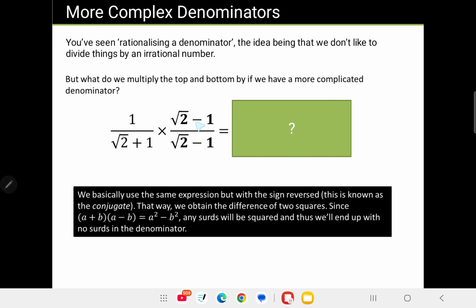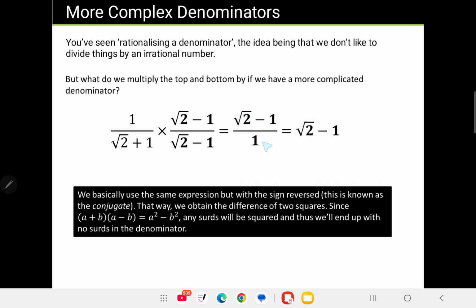So root 2 minus 1 times by this one, so will be this value in the numerator, and over here you can see it is a plus b times a minus b, so you can change this into a square minus b square by using difference of the squares. Otherwise we can do term by term multiplication to get your answer in the denominator.